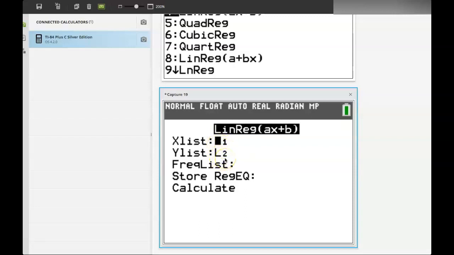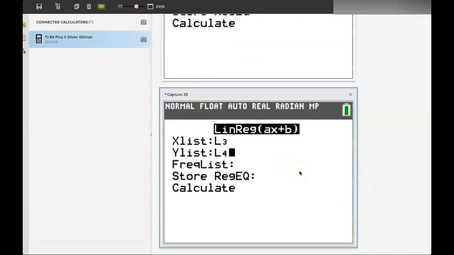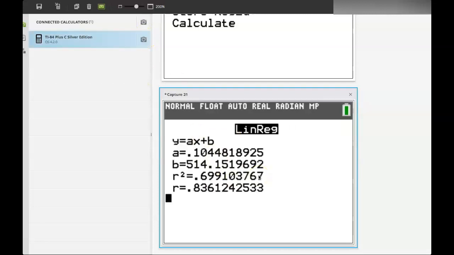So changing that by pressing second, number 3. And for Y we have second, number 4. I have these two instead. Then after that, enter, enter, enter. You should press enter three or four times. Now R is 0.836, so I'm rounding to 3 decimal places.